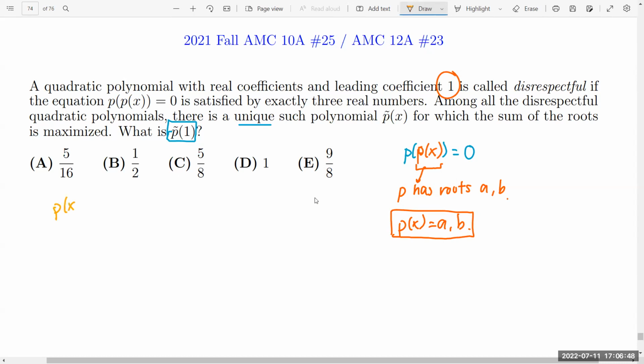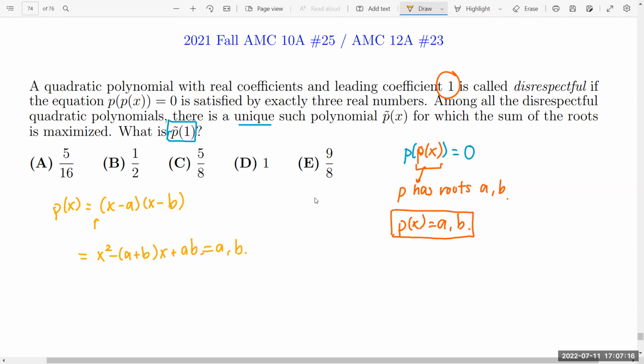By root finding, p of x would just be x minus a times x minus b. No leading coefficient here, so this is just 1. So this becomes x squared minus a plus b times x plus ab. And we want this to be a and b. Each of these will be a quadratic formula equation, and each will yield its own 2 complex roots.